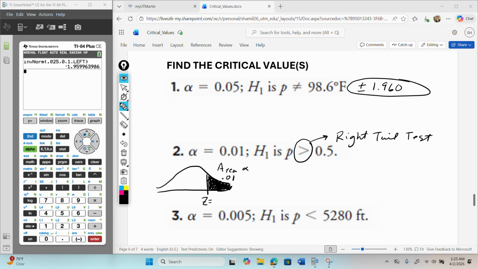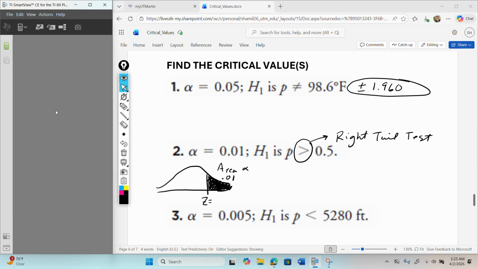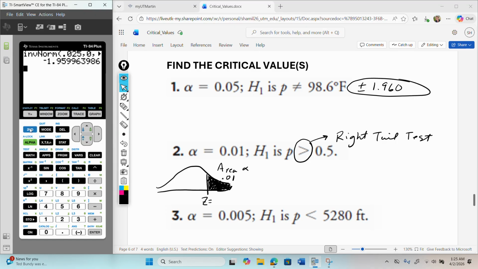So now, if I go to just an 84 Plus, I get onto second vars, and I come down here to inverse norm because it will be a z-score. I must tell it the left area. So this is left over from my previous.